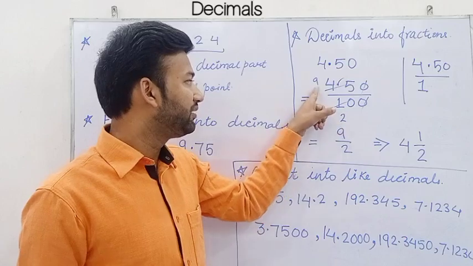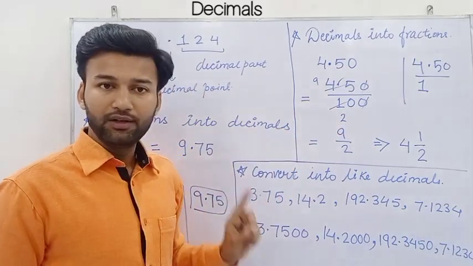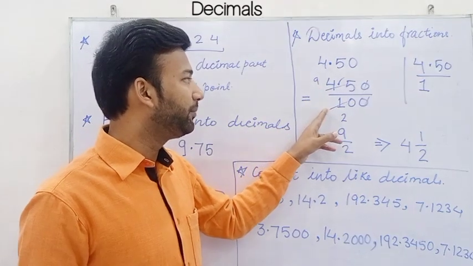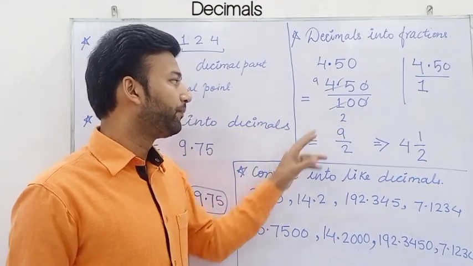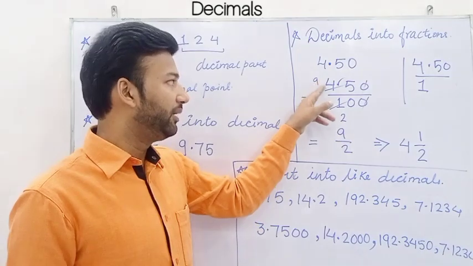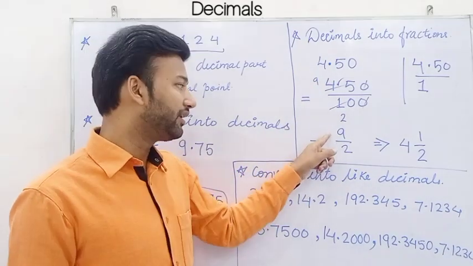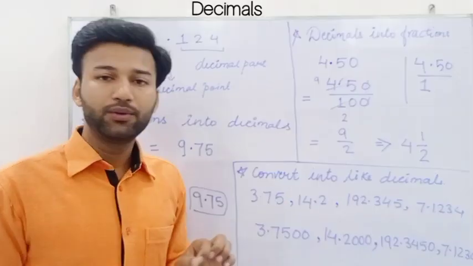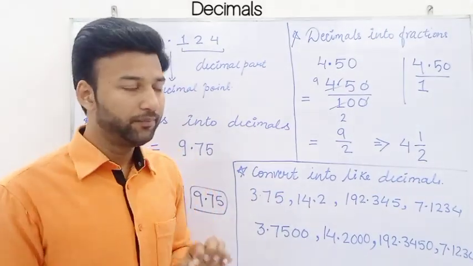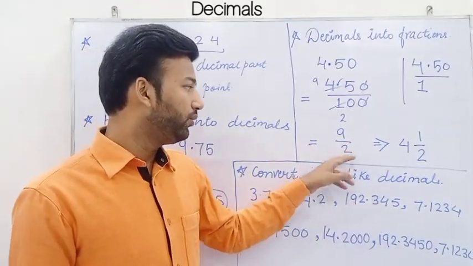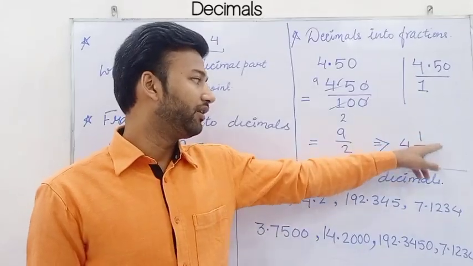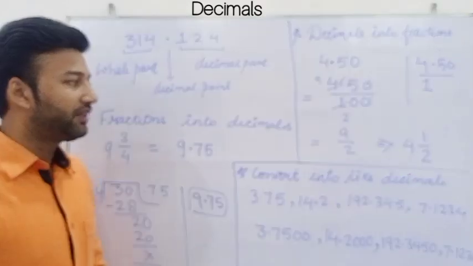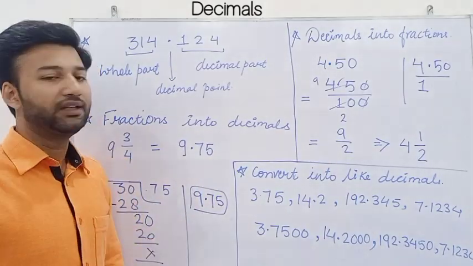Now check whether both numbers are divisible by the same number. Yes, they are divisible by 5. 5 2s are 10 and 5 9s are 45. So the answer is 9 upon 2. This is the fractional form. If you want to write the answer in mixed form, 2 4s are 8 and 1 upon 2, so 4 whole 1 upon 2 is the fractional form of the given decimal number.